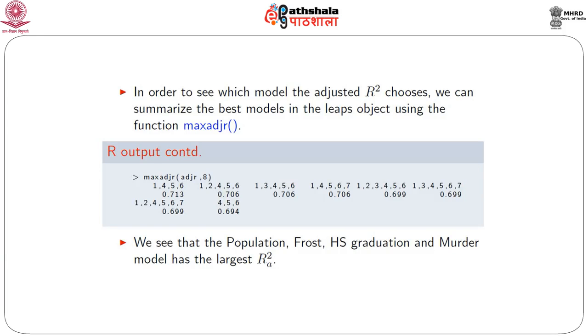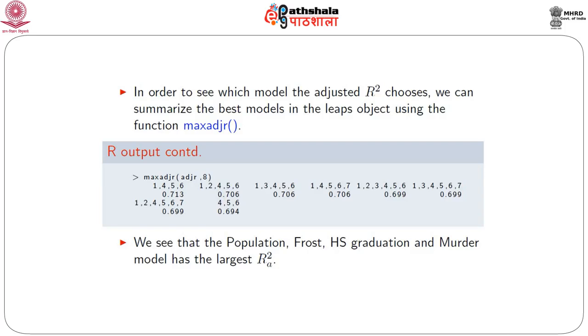Now, in order to see which model the adjusted R square chooses, we can summarize the best models in the leaps object using the function maxadjr. After using this function, we can see that the first model output contains the predictors 1, 4, 5 and 6, and the corresponding max adjusted R square is 0.713.